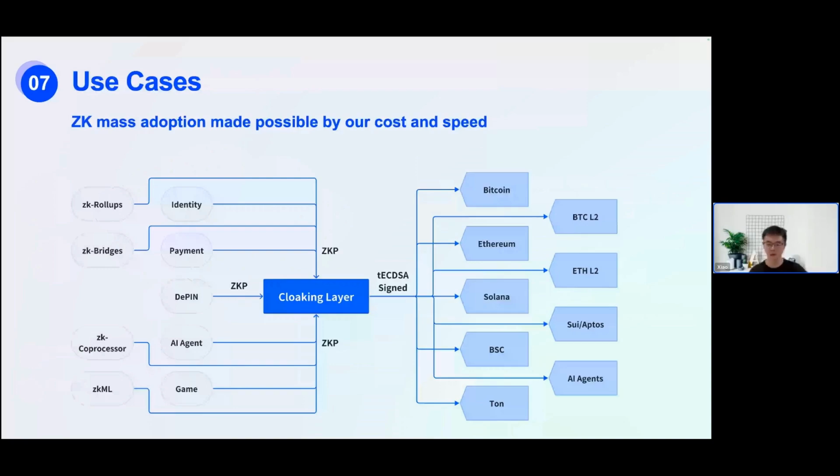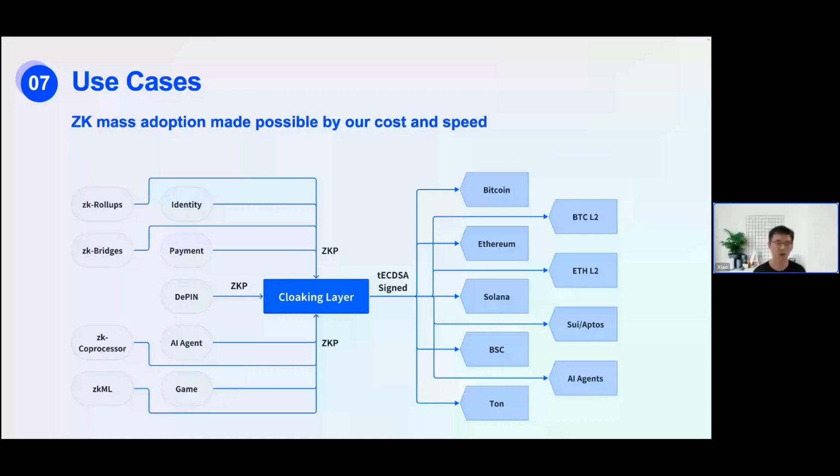Okay, so the use cases that we have thought about for Cloaking Layer are quite a few. If you look at the left side, we have the regular Web3 applications like zk rollups, zk bridges, zk coprocessors, and zkML. These are quite new topics using zero-knowledge proofs.